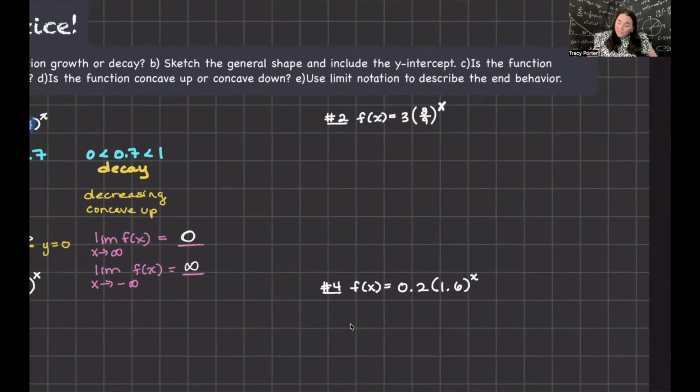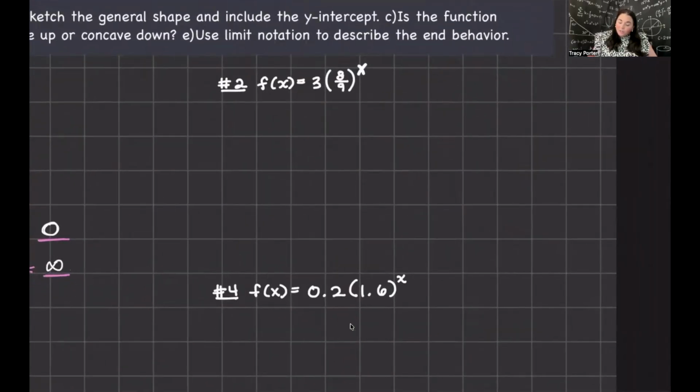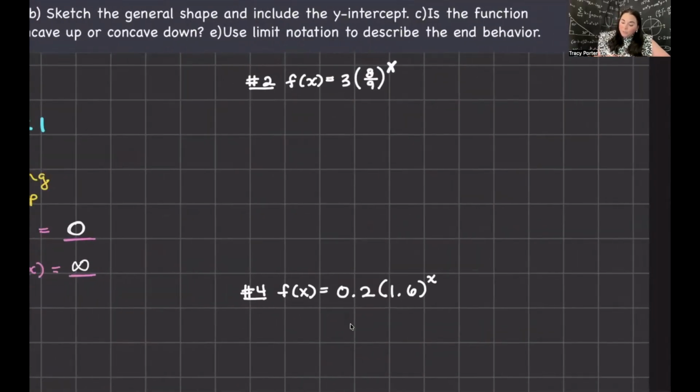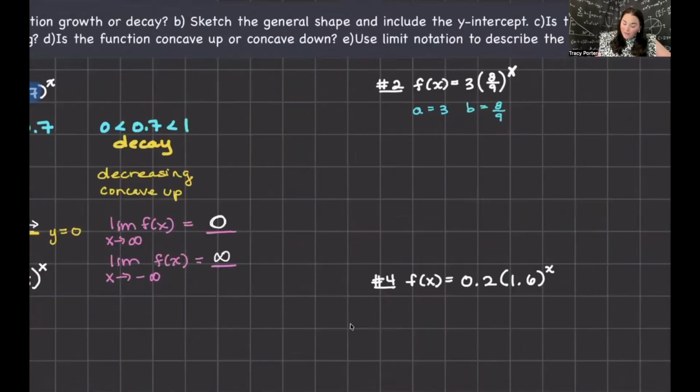Now we can do the same things for problem number 2. Once again, you can see that your A value is 3 and B is 8/9. So everything essentially is going to be the same as we had over here.